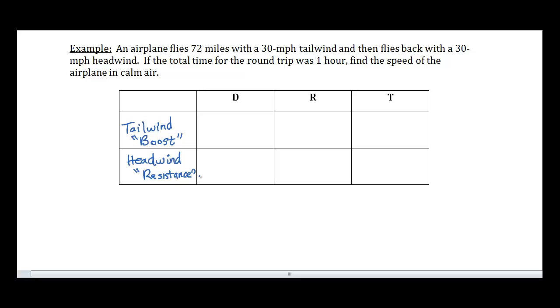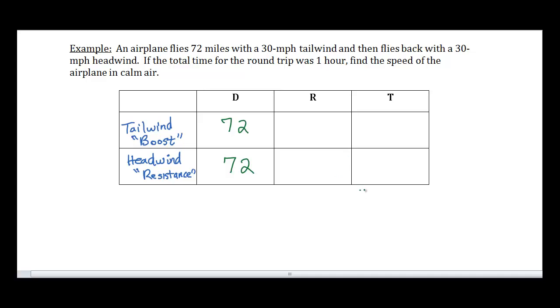All right, and so now that we know that information, let's fill in our chart with our distance, rate, and time. I'm going to read the problem again. Airplane flies 72 miles with a 30 mile per hour tailwind and then flies back with a 30 mile per hour headwind. All right, so the distance is going to be 72 miles for both directions. It says the total time for the round trip was 1 hour, right?